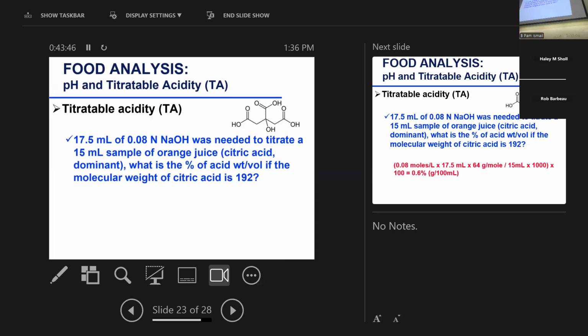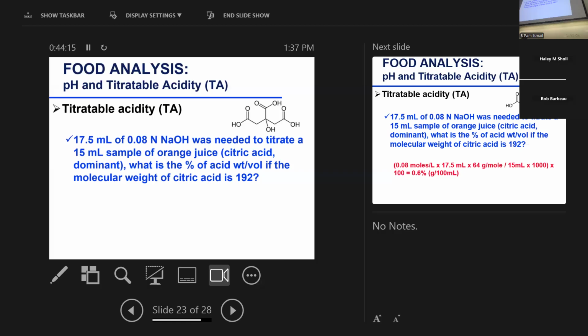Okay, so you just look at the equation for titratable acidity, the same equation. So, percent titratable acidity.